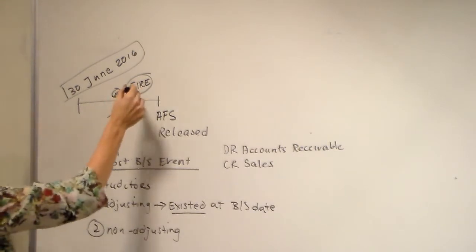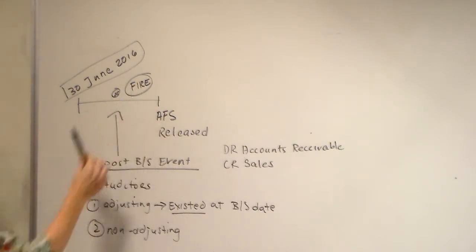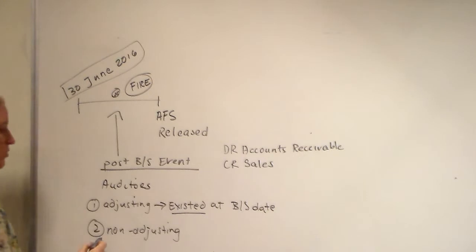Okay, what if you have a fire at this point? This fire has only actually existed after year-end or after balance sheet date, and therefore it's what we call a non-adjusting event, which is basically because it's not something we forgot about and then have to put in later. It's something that's actually taken place after the balance sheet date.